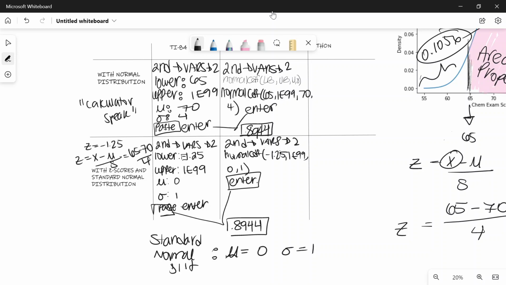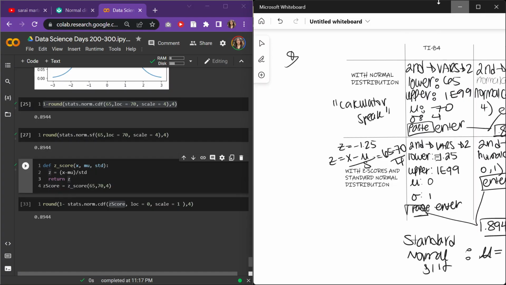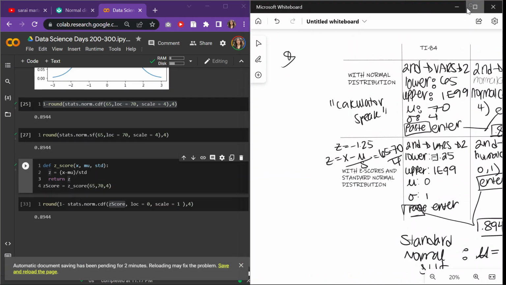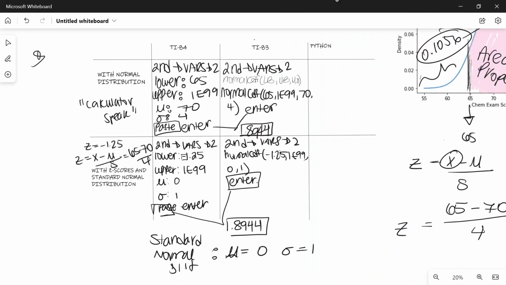Why can't I write with this? Okay. So it's kind of similar to the TI-83 where, oh my god, this thing is going crazy. It's not letting me write or anything.